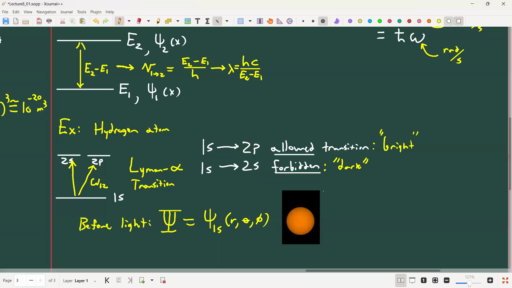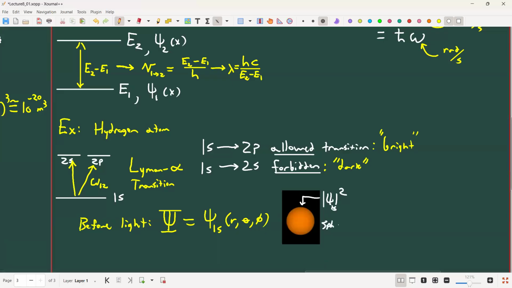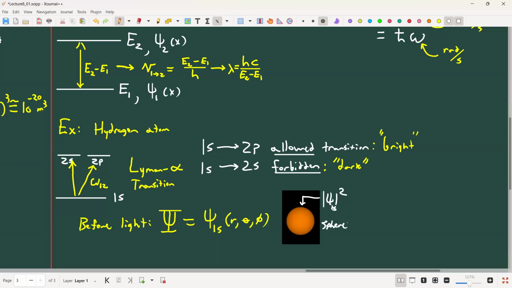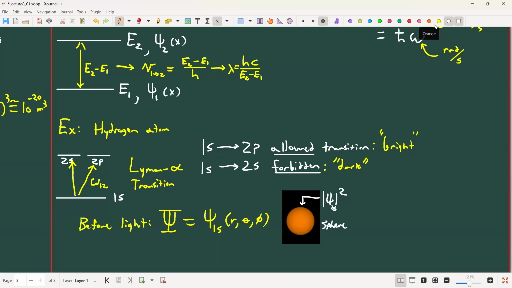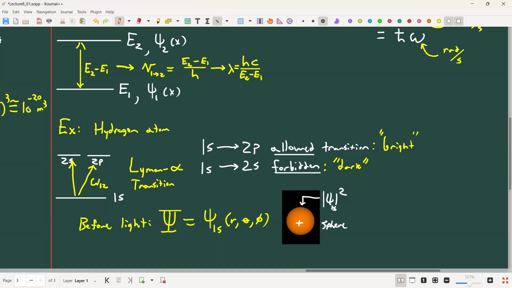This is the psi squared for 1s. Okay, and the important thing is that it's a sphere where the wave function has the same sign everywhere. It's just plus everywhere. So psi is always above 0. You have this plus orbital, and of course this tells you where the electron is in 1s. The nucleus is right in the center of this sphere. So the 1s electron can basically just be anywhere in the sphere.